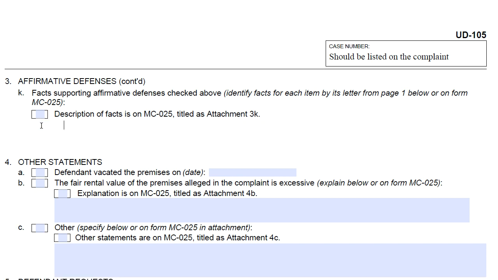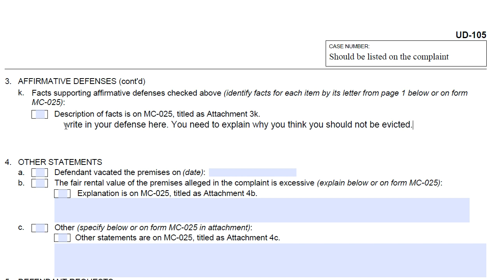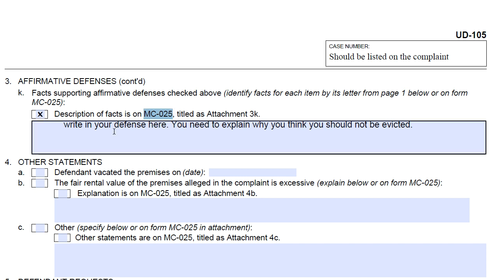You will have to write in what your defense is, explain in detail and in your own words why you think you should not be evicted. If you run out of space, you can check the box there and attach additional paper, this form MC-025, which you can find online.